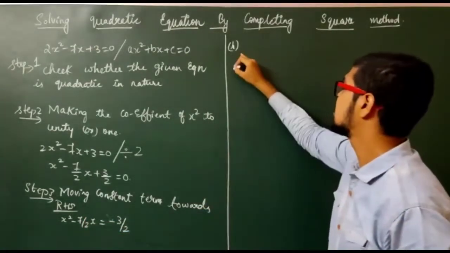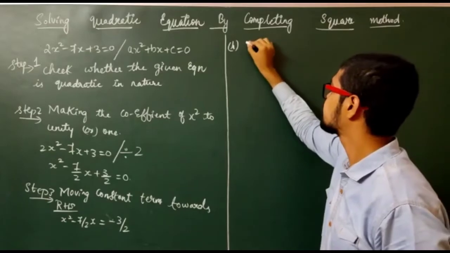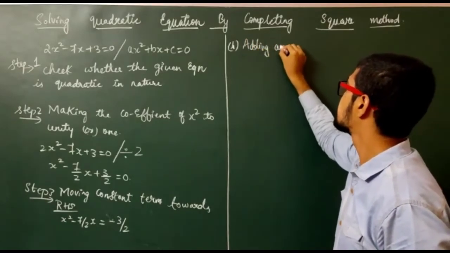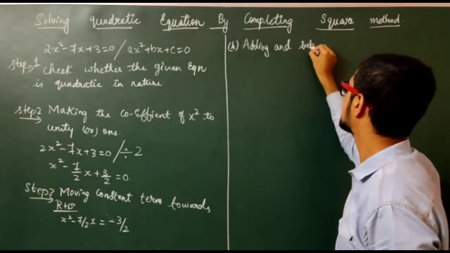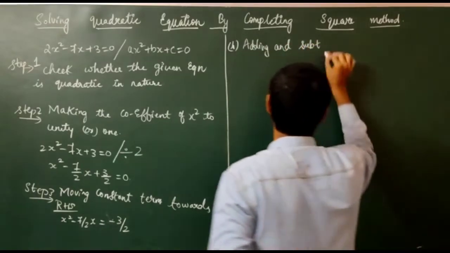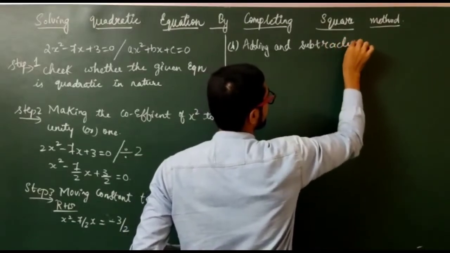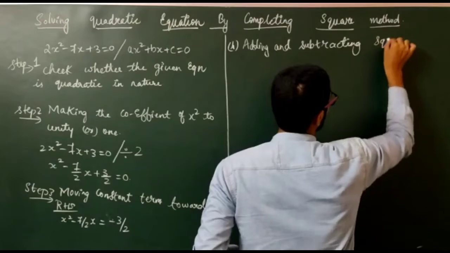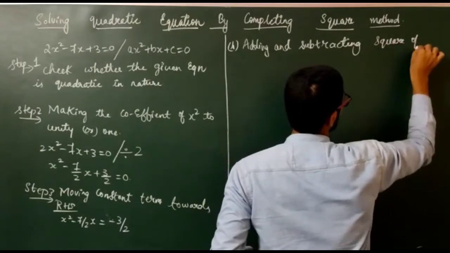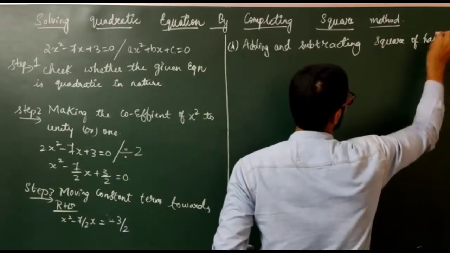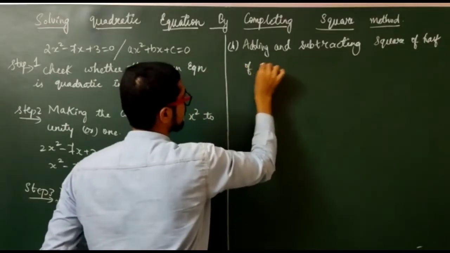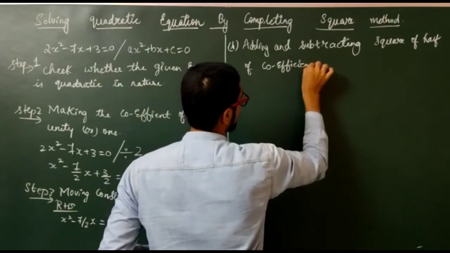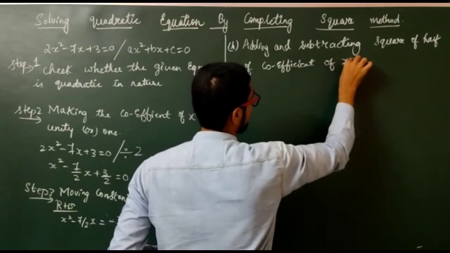So here the fourth step is, I'll write it over here, adding and subtracting the square of half of the coefficient of x.